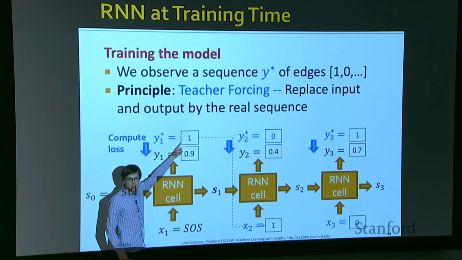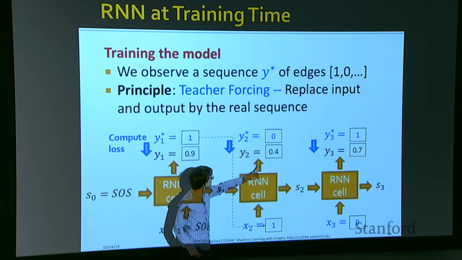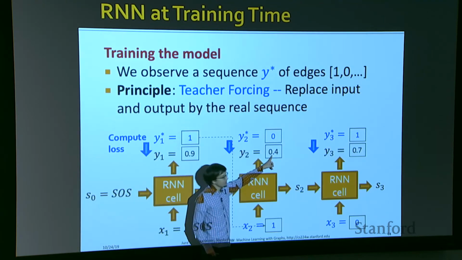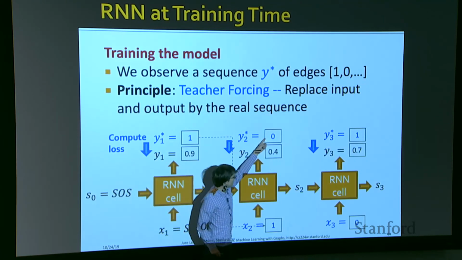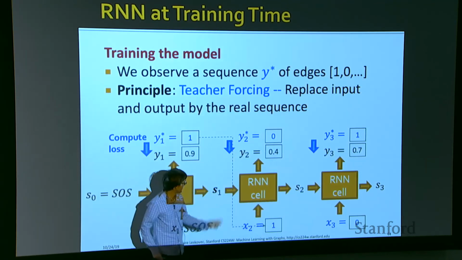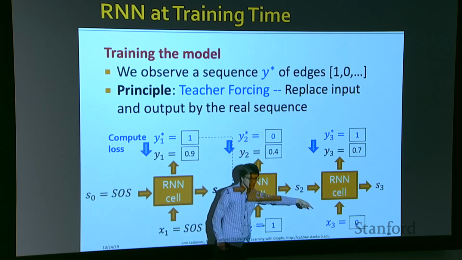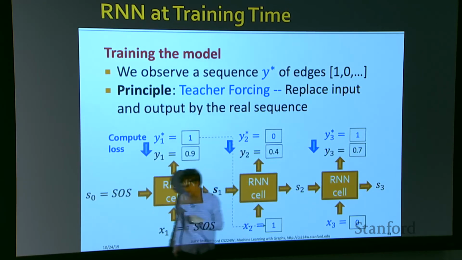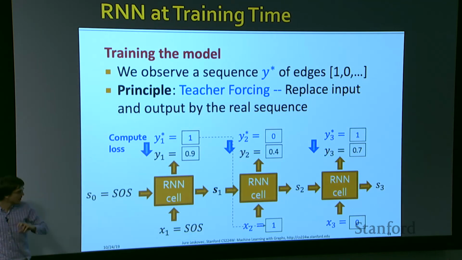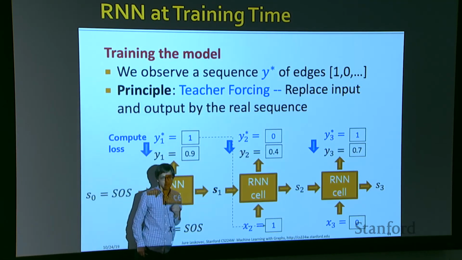You just take the real thing as the input to the next step. And you push it out, you get the probability, but again, you take the real edge and feed that in to the next step. So essentially, you ignore the student and what the student does, but just push the truth to the next step. What this means is that the teacher is correcting the student after every step.